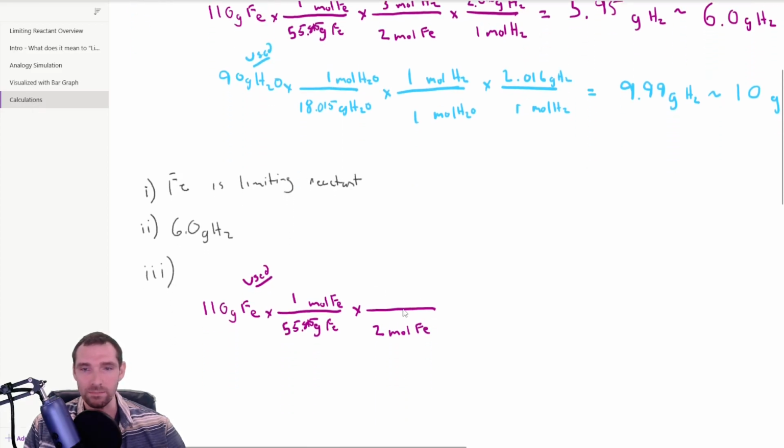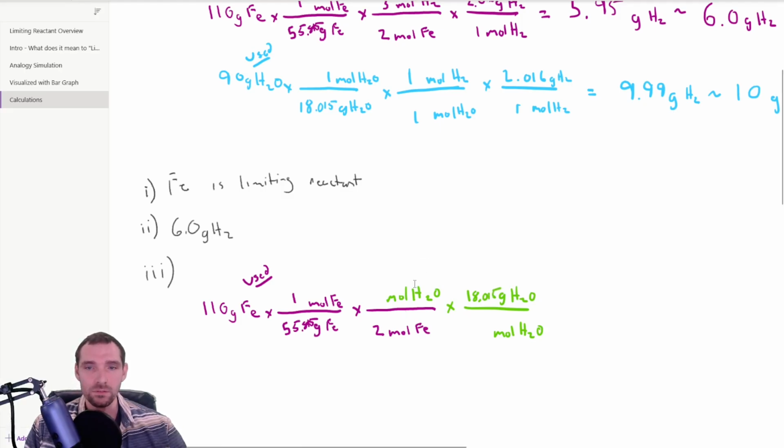So we've got the moles. Oh, sorry, let's change this. Let's do green. All of the H2O. And then we've got mole of H2O and grams of H2O, which we have earlier from our calculation, which is 18.015.